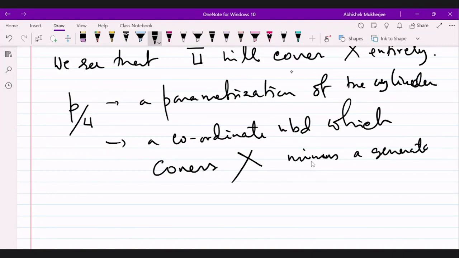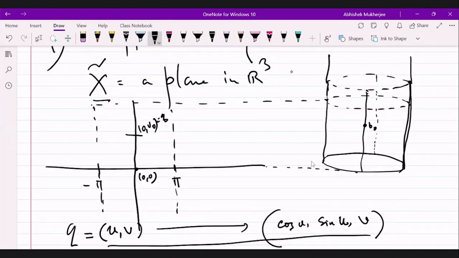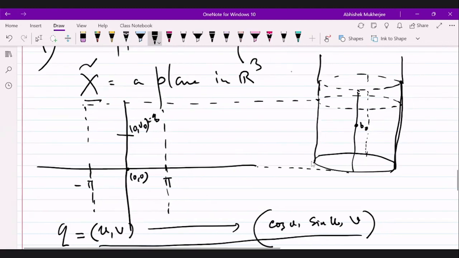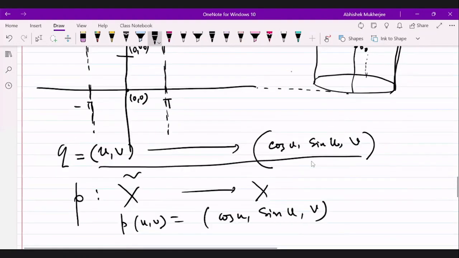What is that? This is this generator, right? This is a mirror image of that generator, the mirror image of that generator passing through that B naught, right? Because you are omitting these sides of that strip.